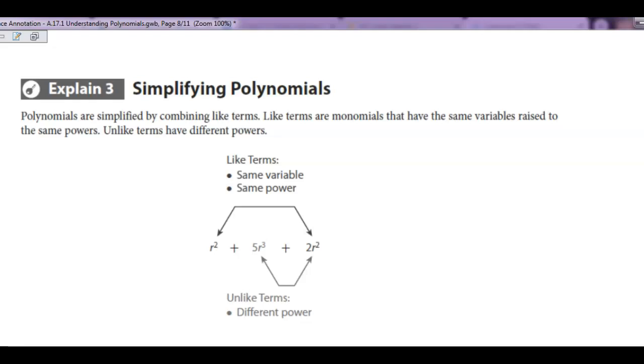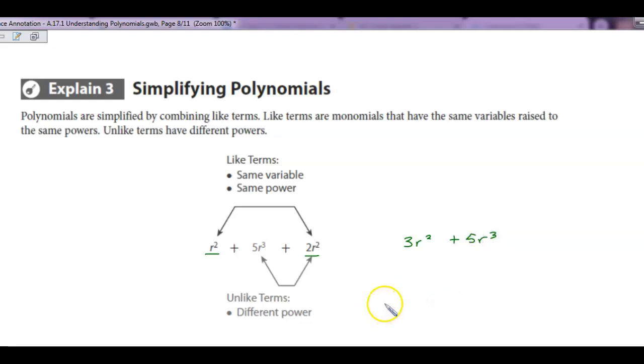And so when I'm looking at r squared plus 5r cubed plus 2r squared, I see that this one has a square and this one has a square. So these two are like terms, and so that would be 3r squared. And then I have plus 5r to the 3rd power.